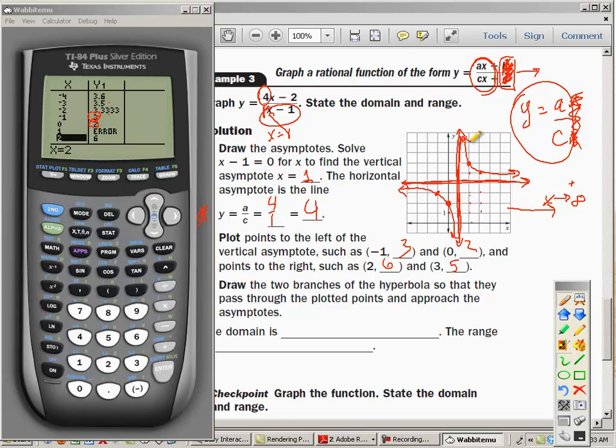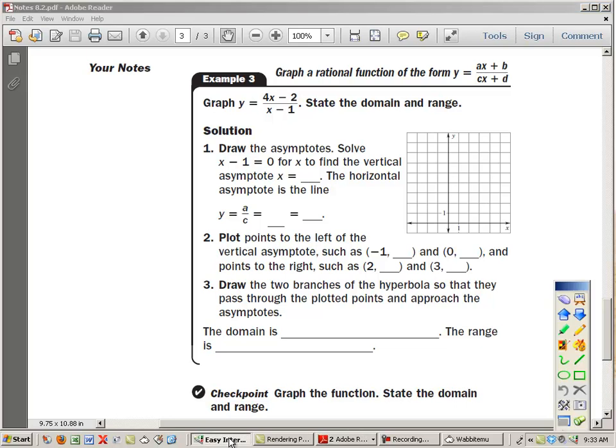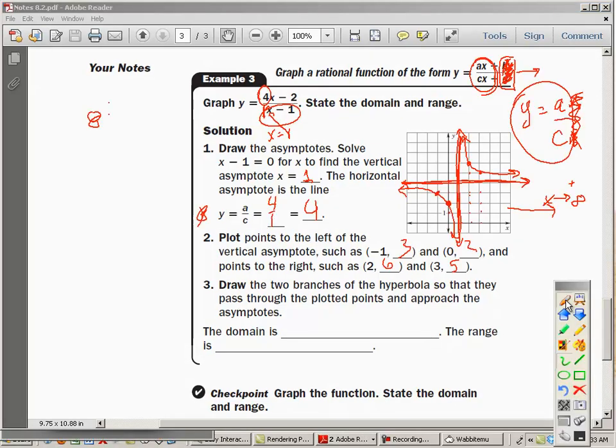Now, I think it's important to recognize over here, and I didn't do this on the last one, so we can certainly address that at a later time, but I want you guys to think about the domain here. The domain of this thing is x is all real numbers except what? Well, x can't be equal to 1 because that's my asymptote.